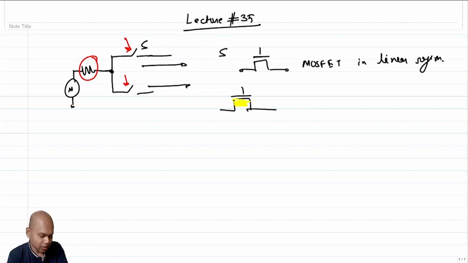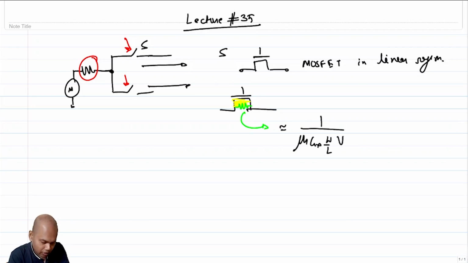The value of the resistance is approximately 1 over mu n C ox W over L times V overdrive, right? So this is R on, which means that you are going to get thermal noise equivalent to this R on. There can be some extra factors which depend on the profile of the charge in the channel and so on, but you are going to get thermal noise because of R on, right?